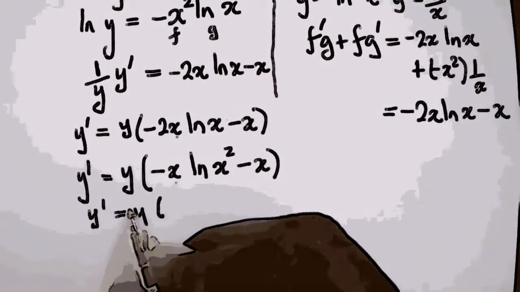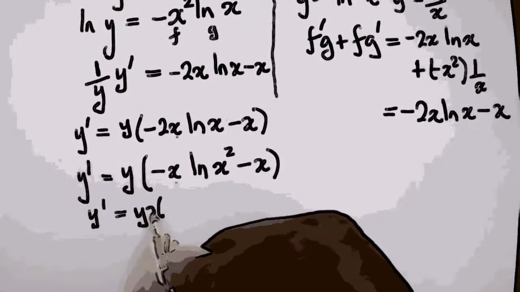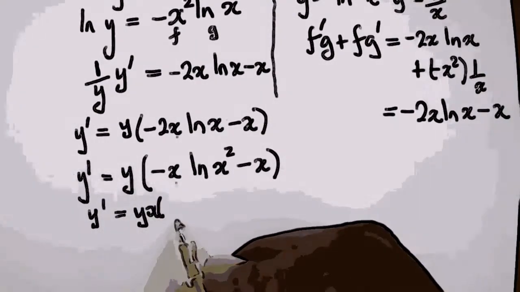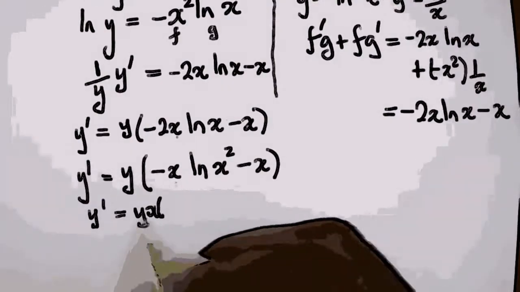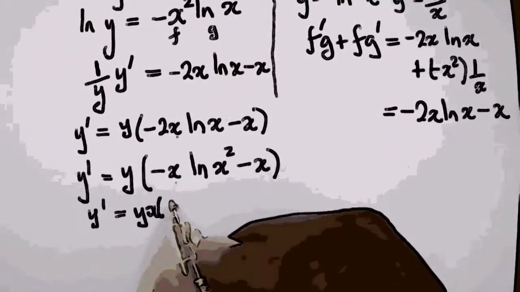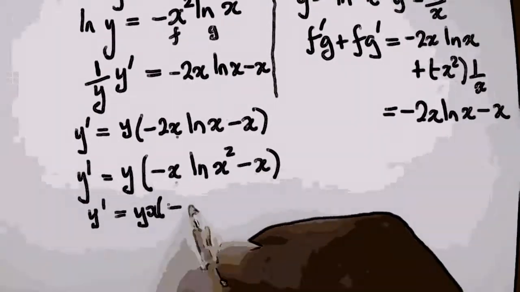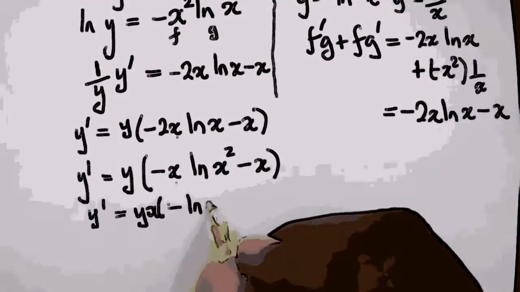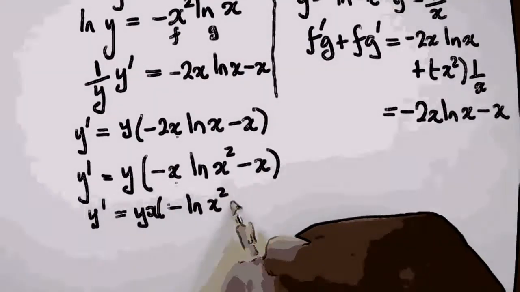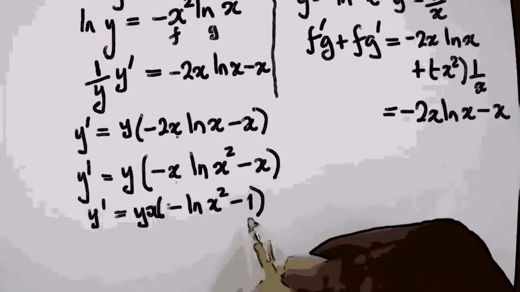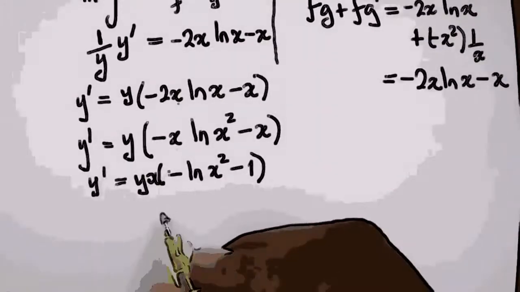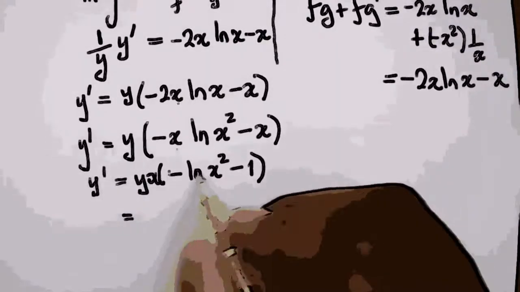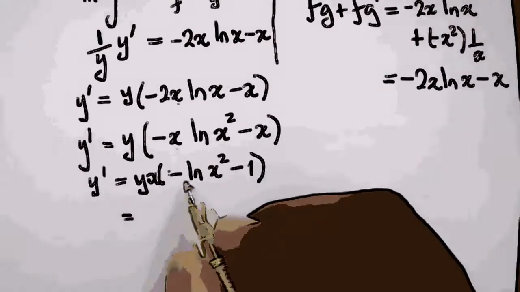Let me put the x here for now. I didn't create enough space. I wanted it to be on the left side, but it doesn't matter. So what's left inside the bracket is ln x squared minus 1. Now the next step, I want to factor out the negative 1.